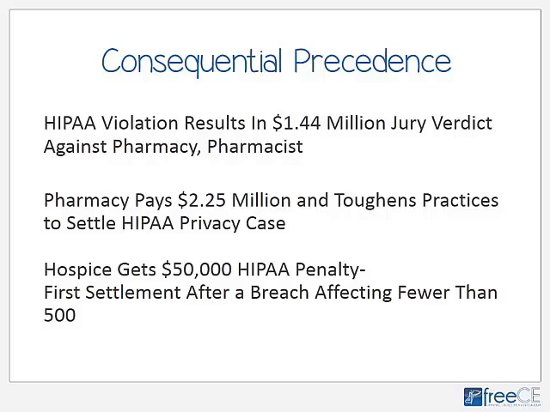This case illustrates that no matter what the size of a breach, the Department of Health and Human Services Office for Civil Rights may impose penalties if its investigation reveals HIPAA noncompliance issues.